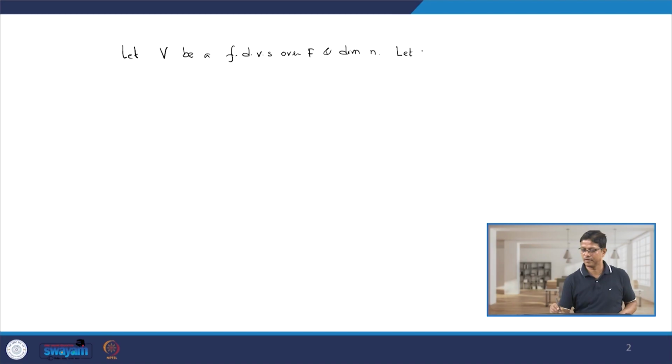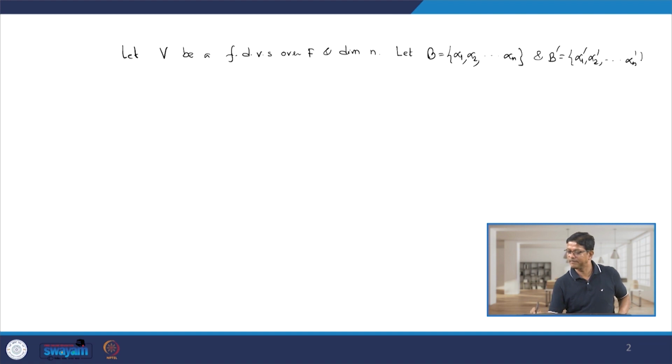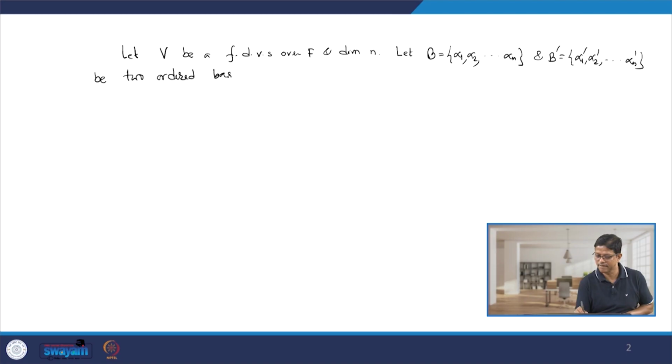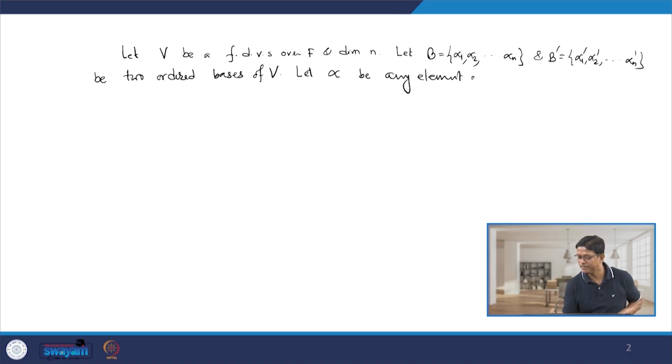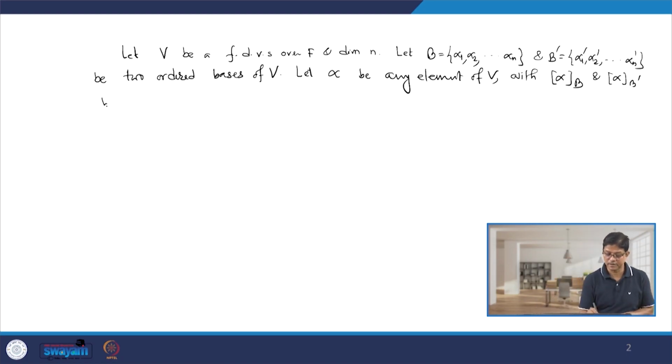Let B equal to alpha 1, alpha 2, ..., alpha n, and B prime equal to alpha 1 prime, alpha 2 prime, ..., alpha n prime be two ordered bases of V. Let alpha be any element of V with coordinate matrix of alpha with respect to B and with respect to the ordered basis B prime being capital X and X prime respectively.